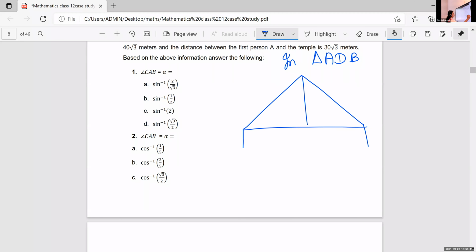What is angle CAB? This angle is marked as alpha. This is 30, and this length will be 30 root 3. This is 10 root 3. This angle is alpha, this is beta.